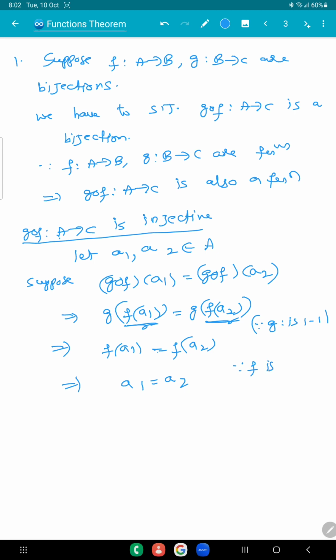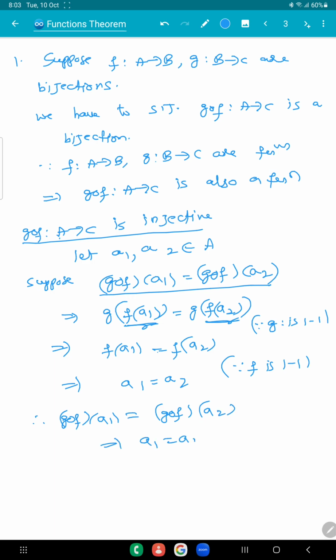Since f is 1 1, we have taken g circle f of a1 is equal to g circle f of a2, and we have proven that a1 is equal to a2. Means that g circle f is 1 1. Therefore, g circle f of a1 is equal to g circle f of a2 implies that a1 is equal to a2 implies that g circle f is injective or 1 1.